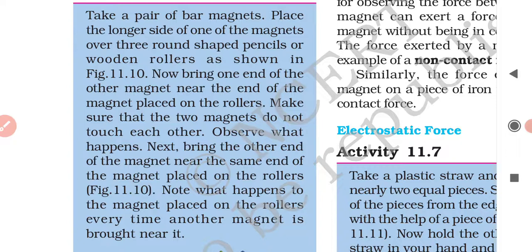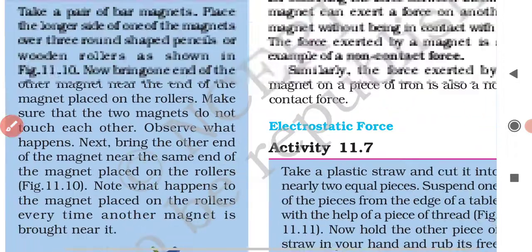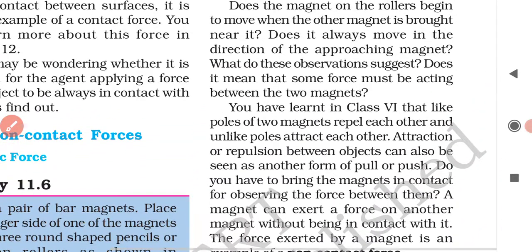Make sure that the two magnets do not touch each other. Observe what happens next. Bring the other end of the magnet near the same end of the magnet placed on the rollers. Note what happens to the magnet placed on the rollers every time another magnet is brought near it. Understood? Like poles repel each other and unlike poles attract each other.